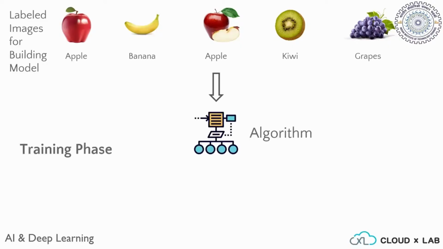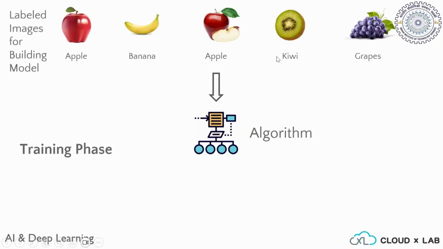So what we will do is use training data to train a machine learning model. In the training phase, we will use labeled data. So we will use the input images, and we also have the labels. We already know this is the apple image, this is the banana image.